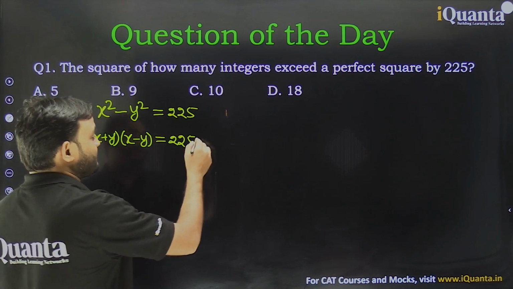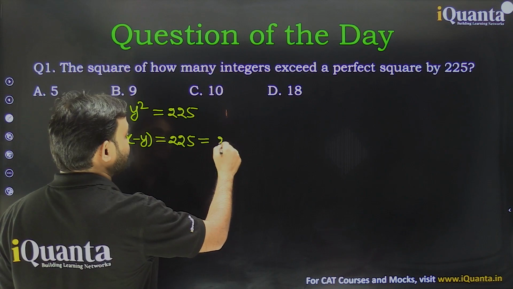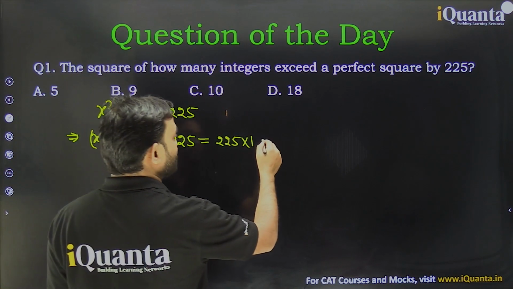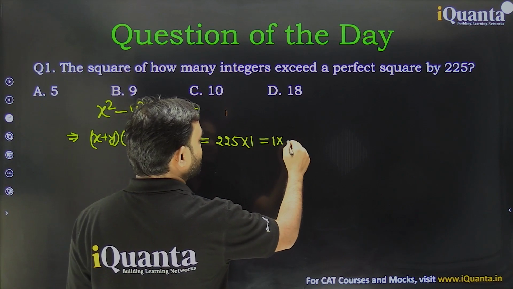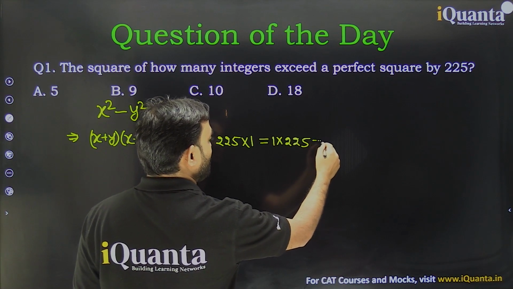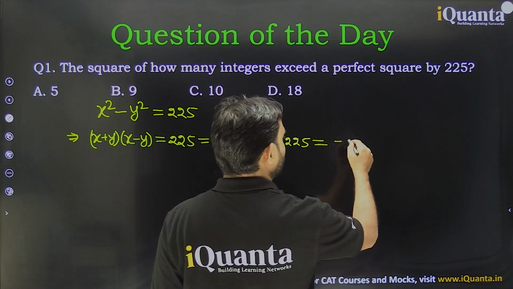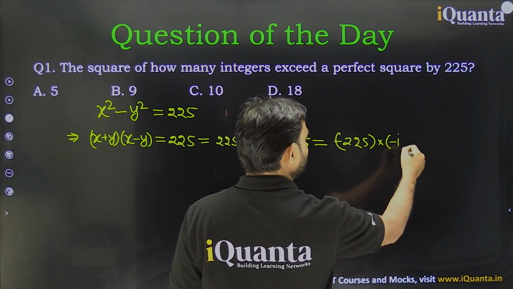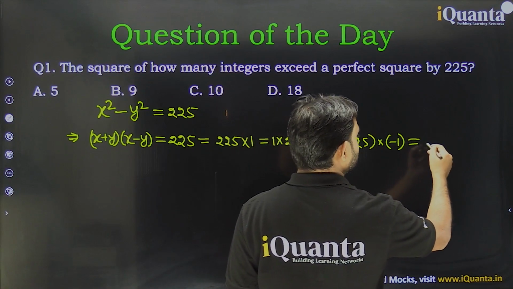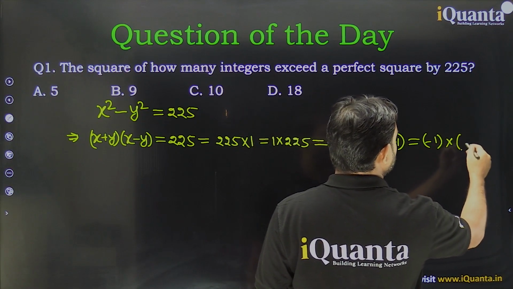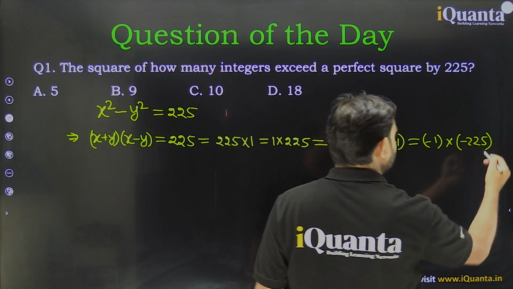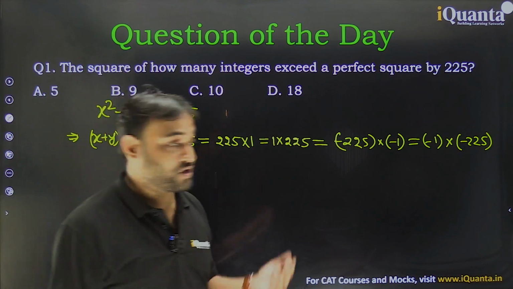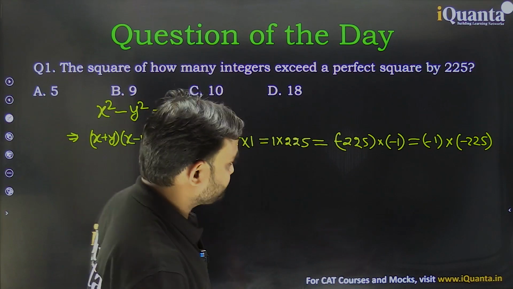One way is 225 into 1, or 1 into 225, or minus 225 into minus 1, and similarly minus 1 into minus 225. So there are four different ways for one variation of the product, plus minus.